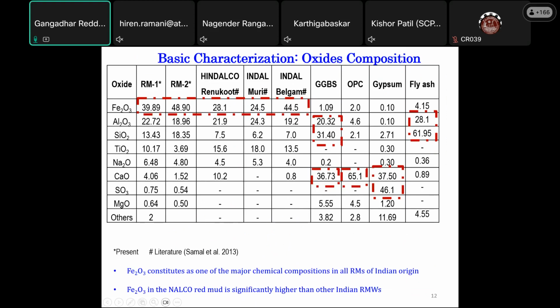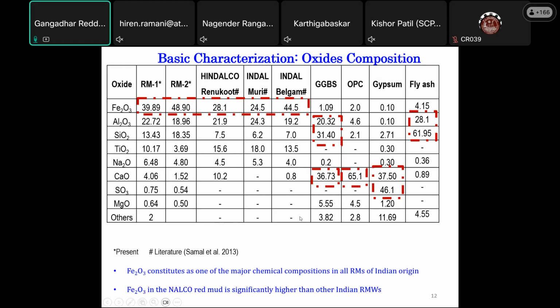This is similar to other samples collected from different places, like Indalco Renukoot, which is from UP, and Indal Muri, and another present in Belgaum, Karnataka state. You can see consistently higher Fe2O3 compared to the other elements.